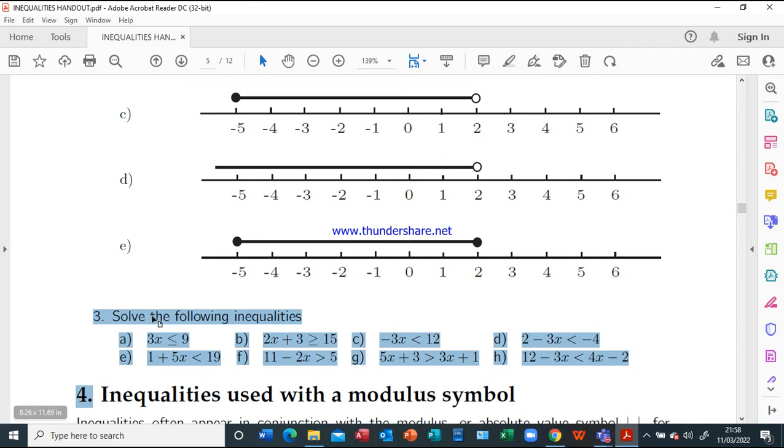Yes, so the solution is x is less than or equal to 3. On the number line, that means 3 is part, then anything from 3 to the left qualifies to be a solution. So you solve and then represent them on the number line as well, just to be sure that you have understood, okay?